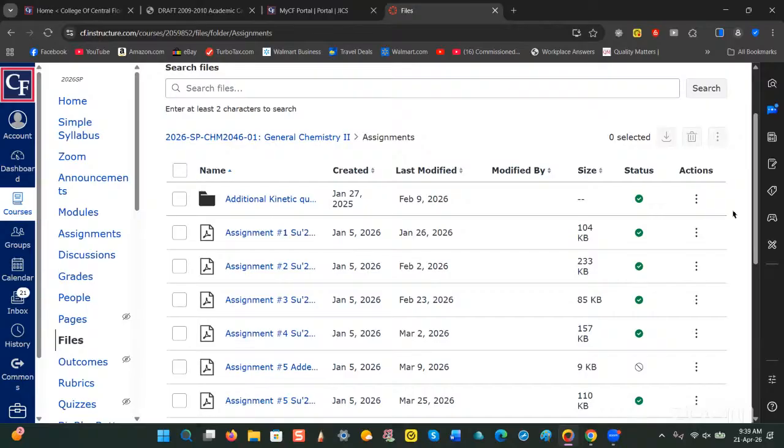So now we're going to look at chapter 10, which deals with molecular shapes and hybridization and so on. I'm going to hand these out to the students here.